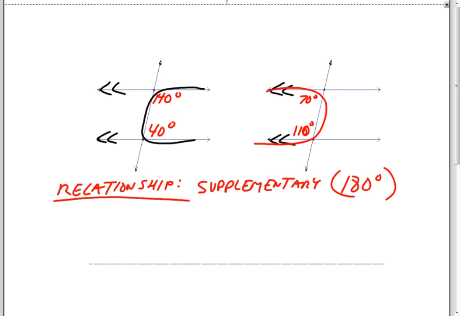What letter does this look like that I'm creating here? C. So we're looking for a C shape or a backwards C shape, however you want to think of it. And that's the first letter in the word consecutive.